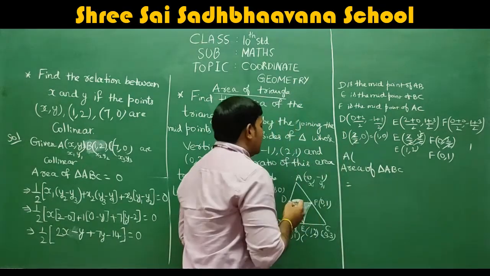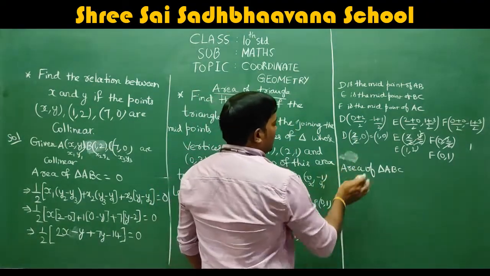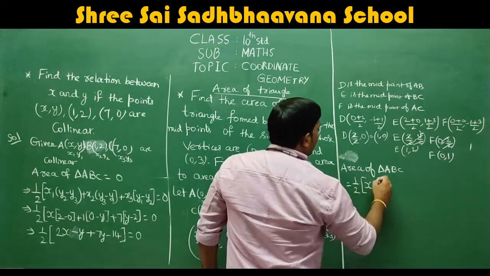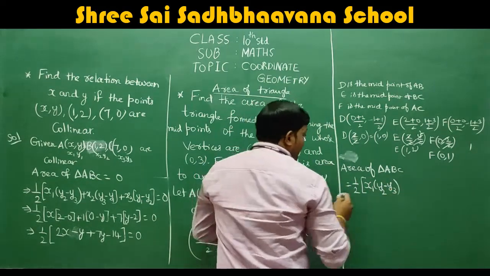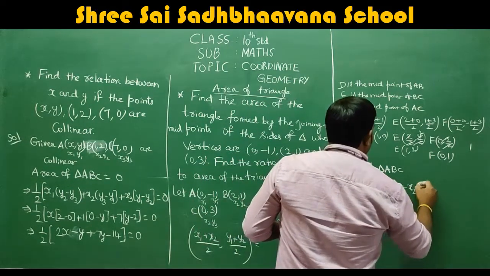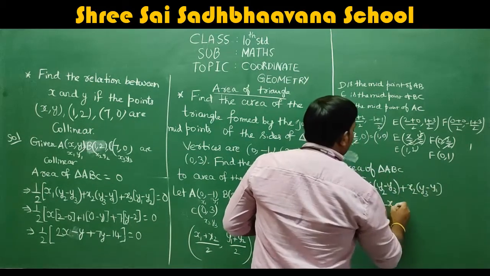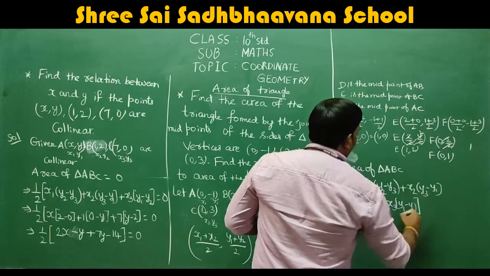We already wrote the points, no need to write once again. Just write the triangle formula: half into x1 into (y2 minus y3) plus x2 into (y3 minus y1) plus x3 into (y1 minus y2).